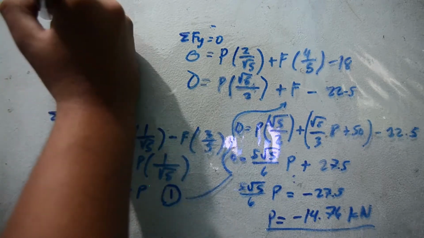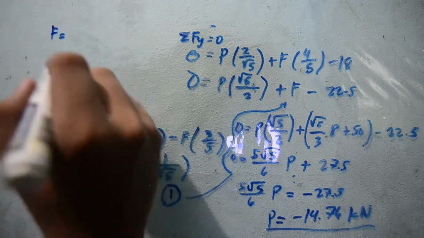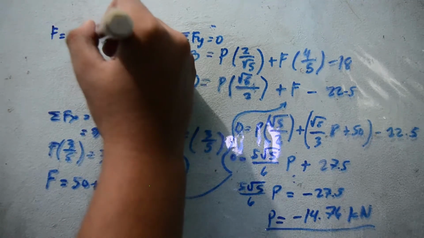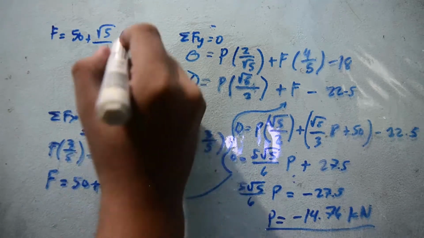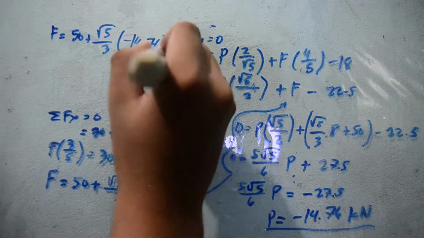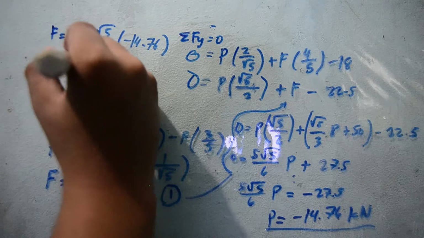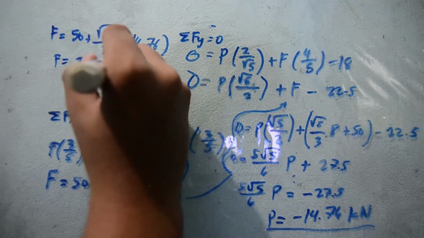So we're going to have f is equal to 50 plus square root of 5 over 3, then the value of p, negative 14.76. So using our calculators, f would be 39 kilonewton.